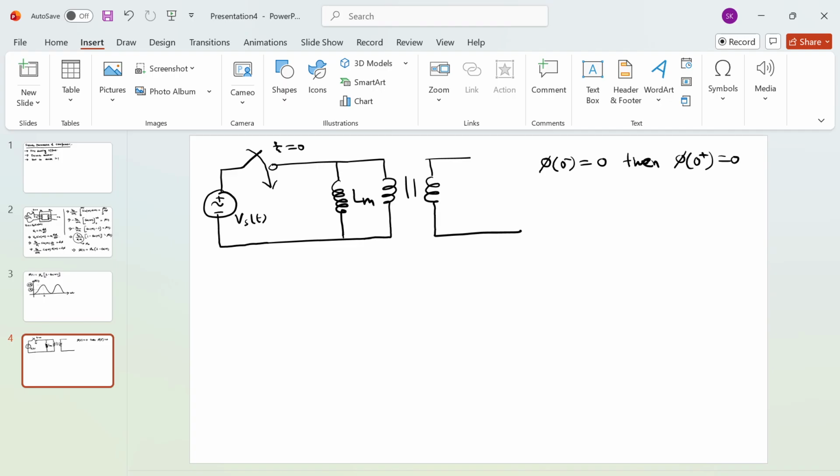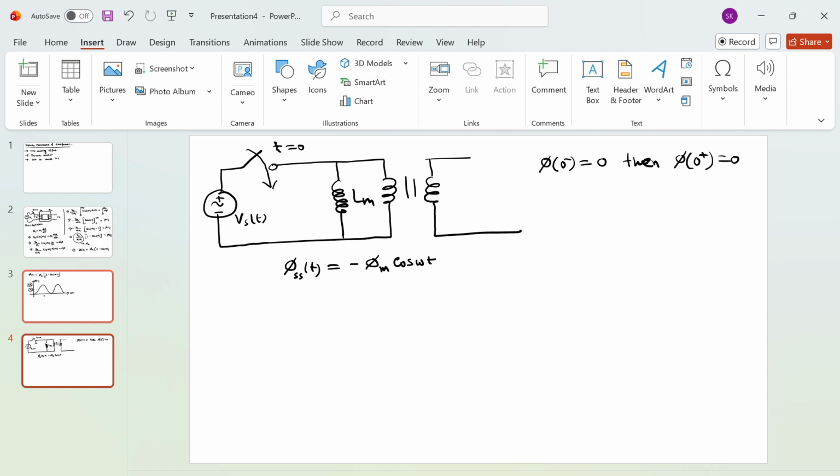Let's say at steady state, the flux that we are going to get is phi steady state of t, maybe I can call it minus phi m cos omega t.